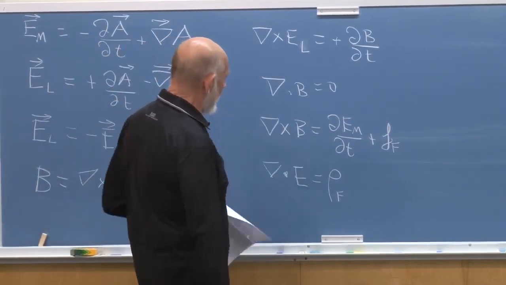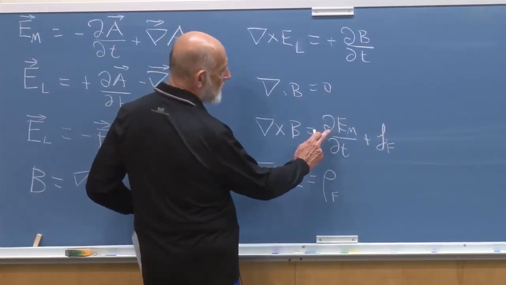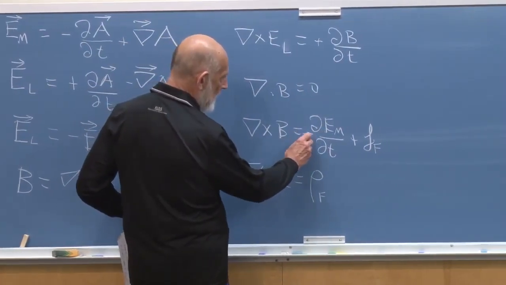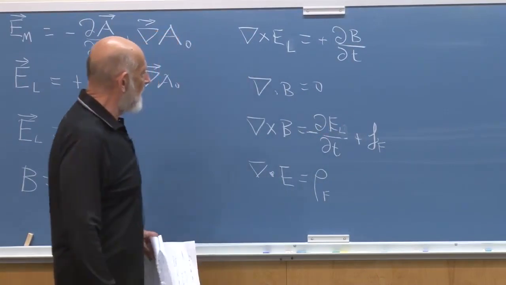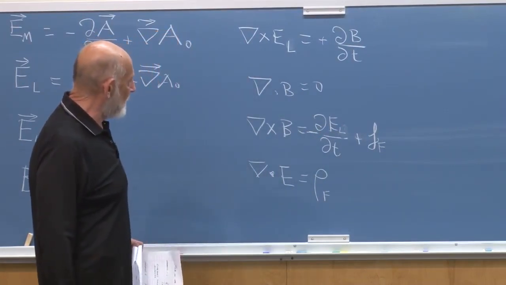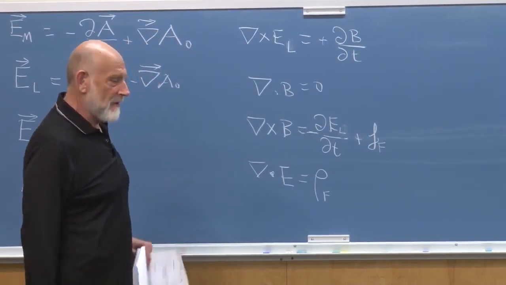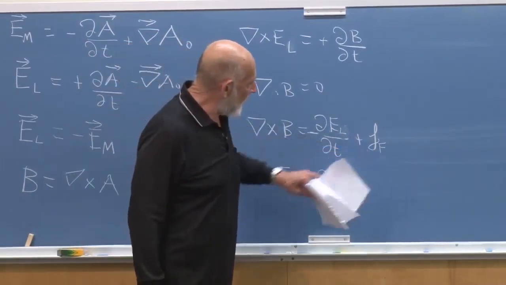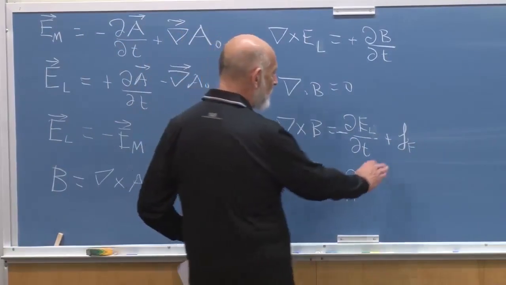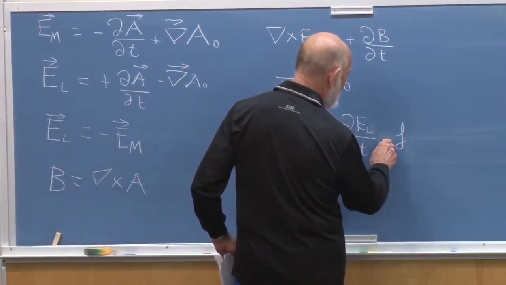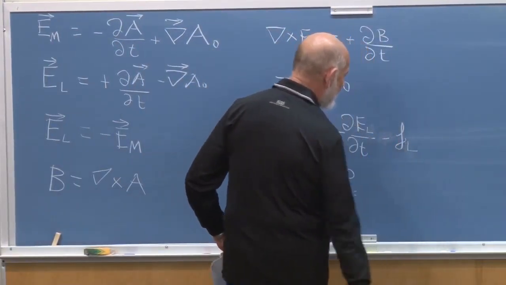Del cross B becomes minus Lenz's notation for the electric field. But since my notation for current is opposite of Franklin's, this becomes minus J Leonard.